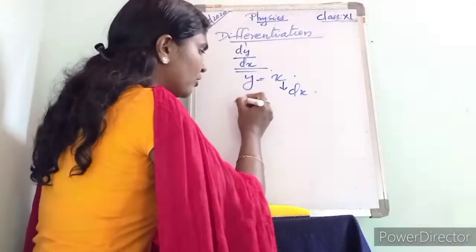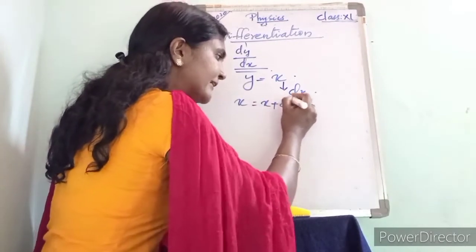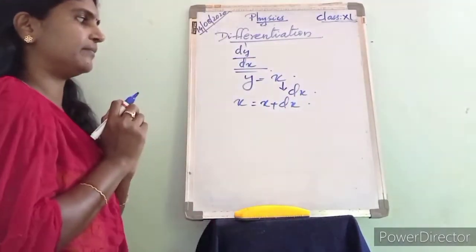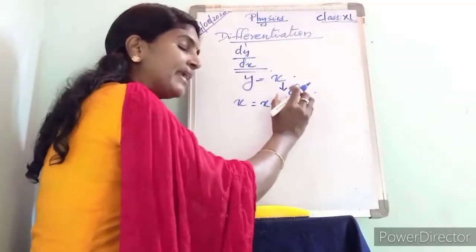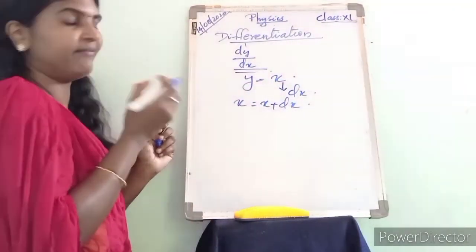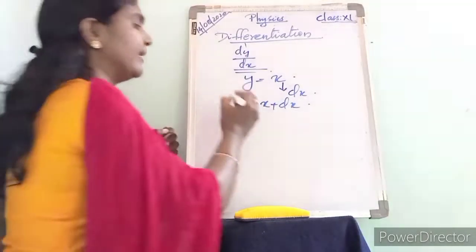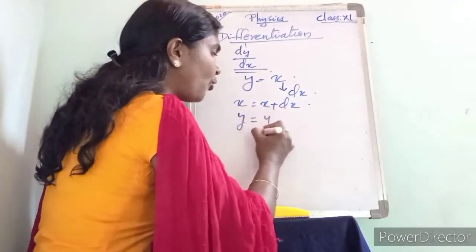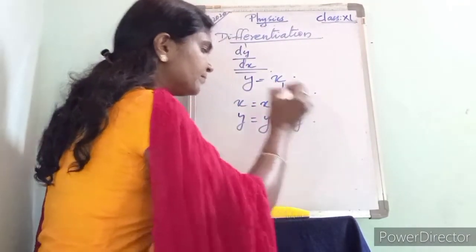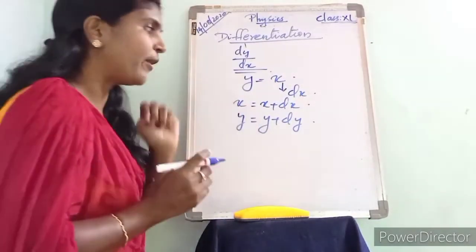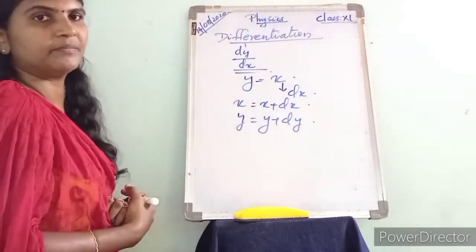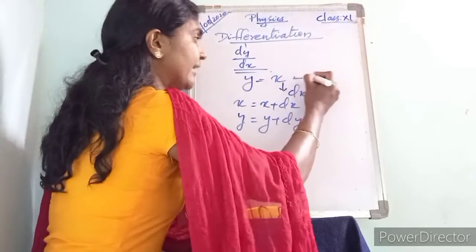Now what is x? x equals x plus dx. If x increases to x plus dx, then how does y change? Then y automatically changes to y plus dy. Let us call this equation number 1.